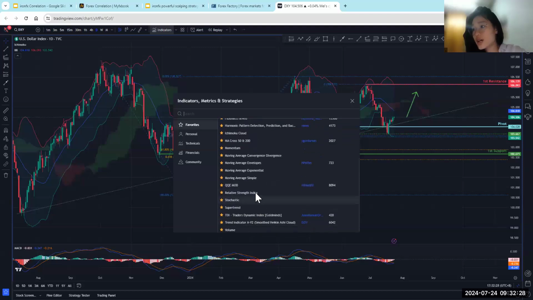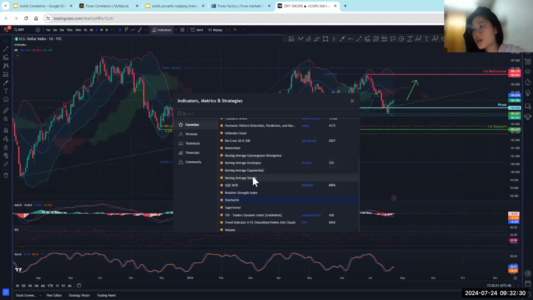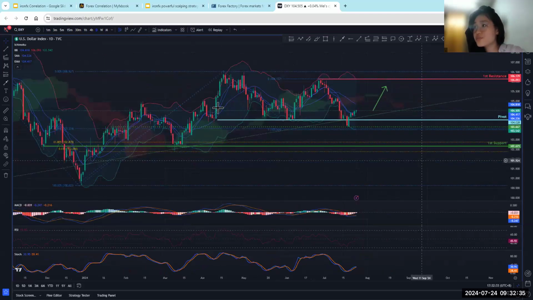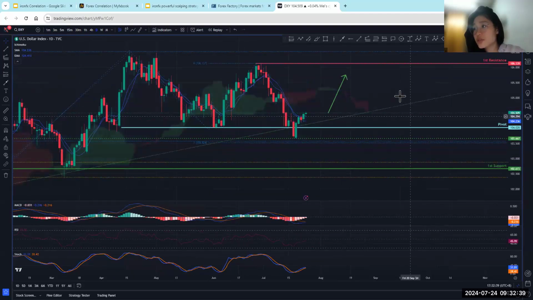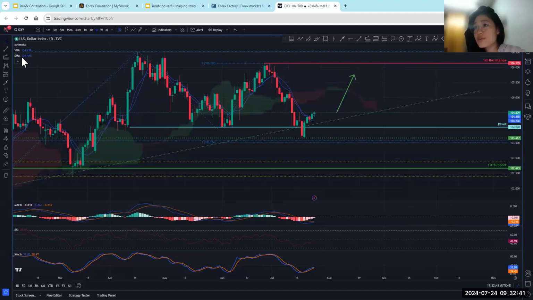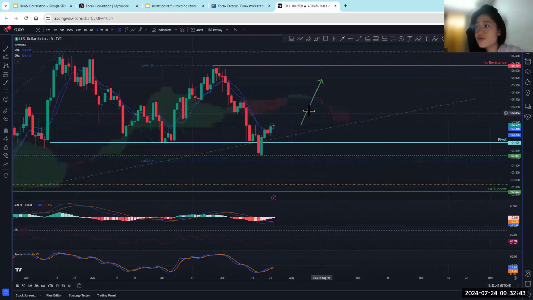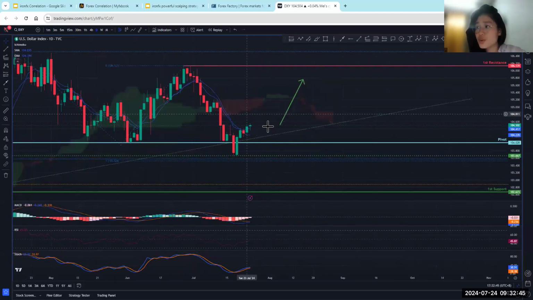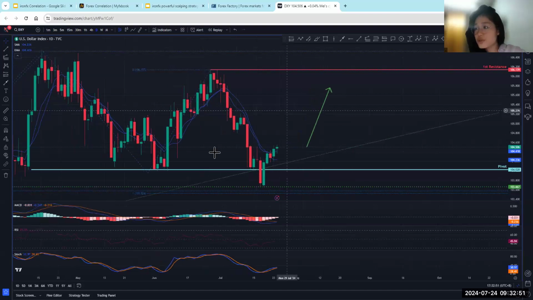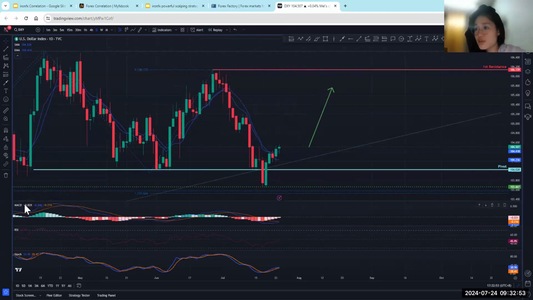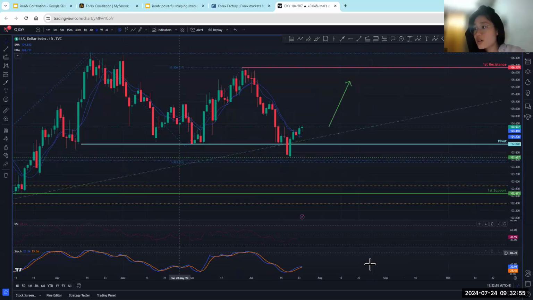Let's look at RSI and stochastic, and our moving averages, exponential and simple. Bollinger Bands aren't telling us much, so I'm getting rid of that. On the moving averages, you can see price has recently moved above both of the moving averages, so that is giving us a bullish signal. I'll remove Ichimoku and MACD since they don't support the analysis.